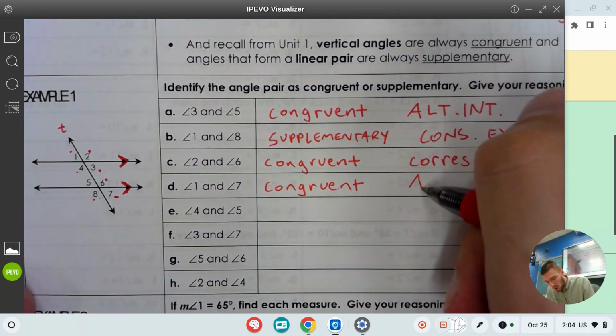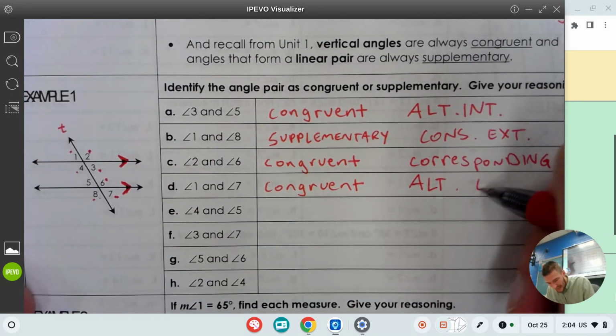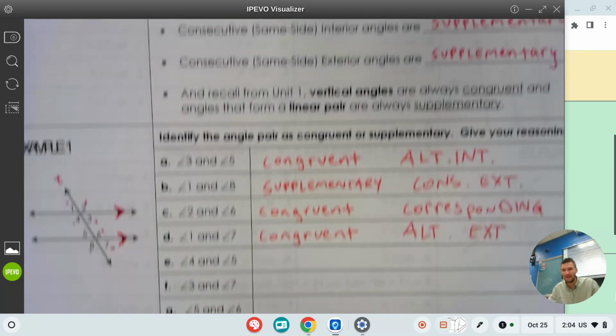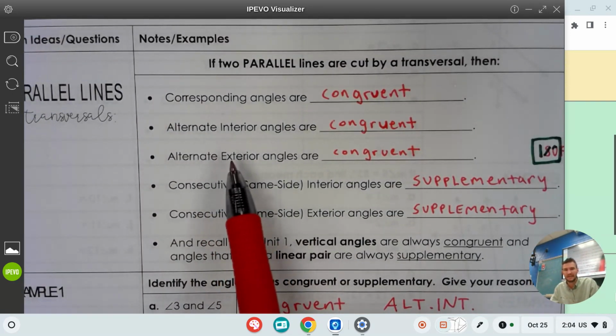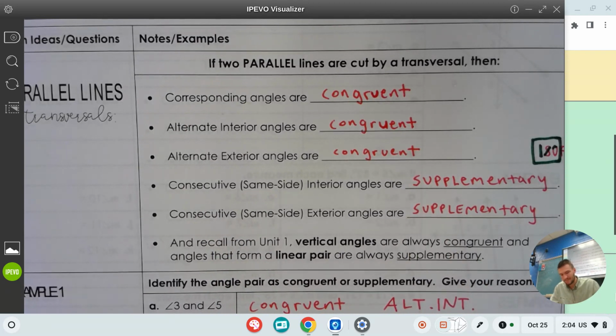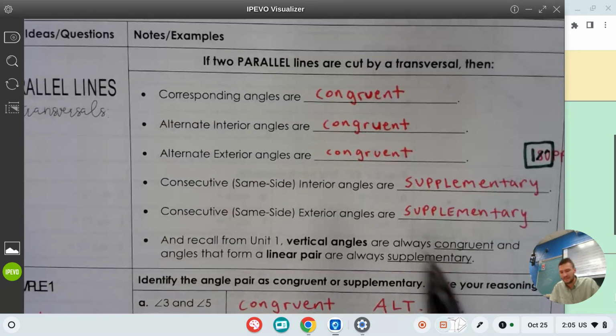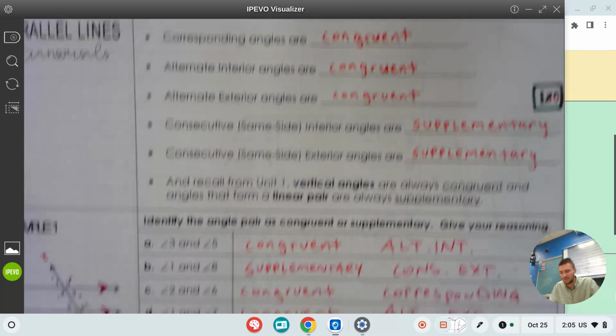Remember, these are alternate exteriors, 1 and 7. And we've got the whole code right here. Alternate exteriors are congruent. So if you just took that quiz we did today and you know all of your correspondings, all of your alternate, all of your consecutive, exterior, interior, whatever, then this is literally free because you've got the easy code to change here.